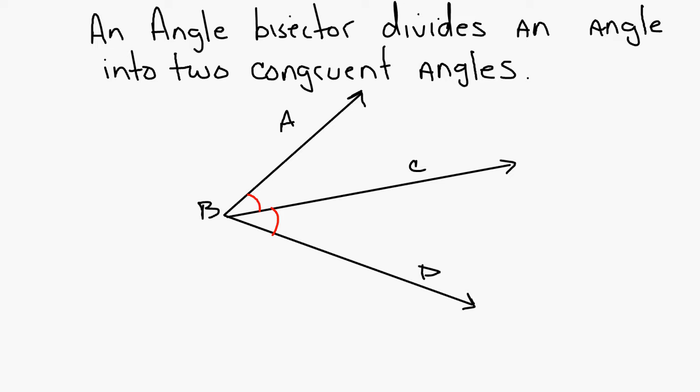What do those marks mean? That the angles are congruent. To make it simpler, we'll call this angle 1 and we'll call this angle 2.